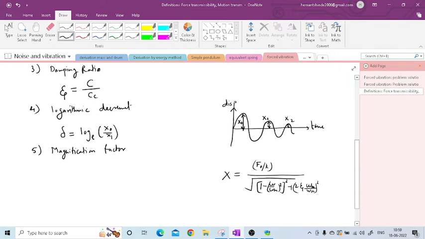This term is omega. Okay, and this is the formula for the amplitude in forced vibration.